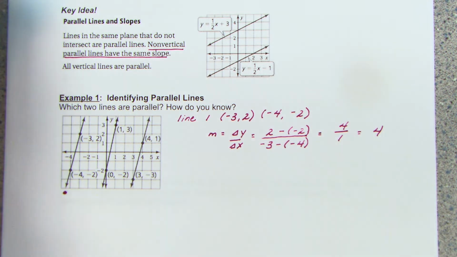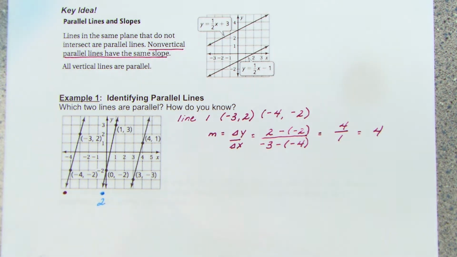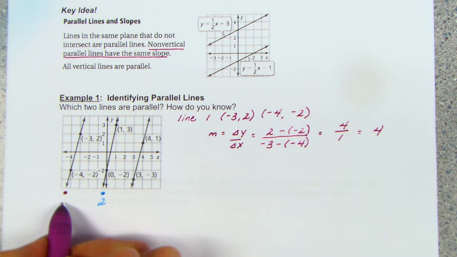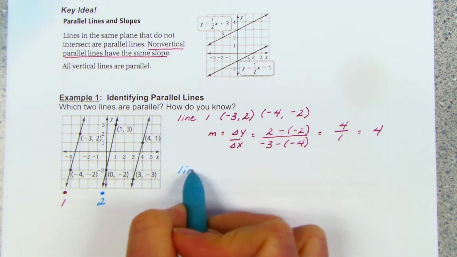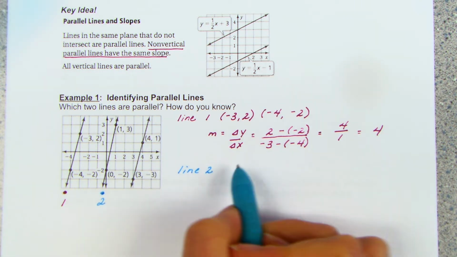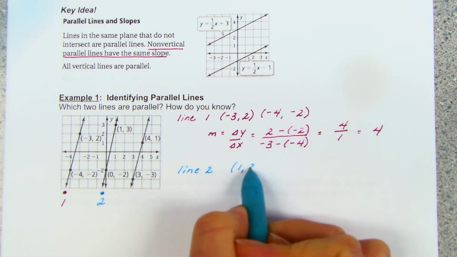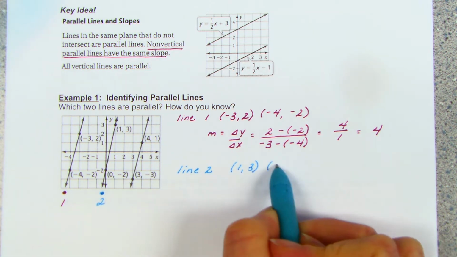All right, let's switch colors here. Let's do line 2. Maybe I'll label it. And its points are 1, 3, and 0, -2.